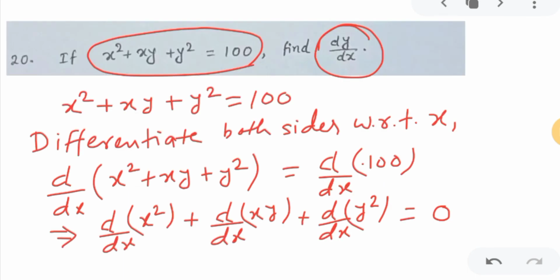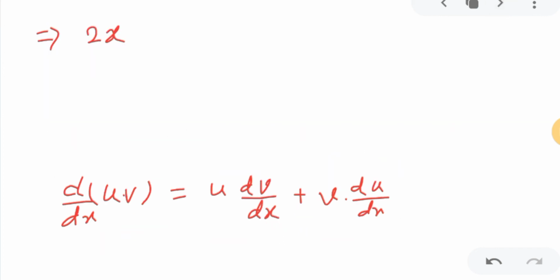So here two terms are there, x into y. I will treat x as u and y as v, correct? So plus, x as it is and the derivative of y with respect to x, and a second time y as it is and the derivative of x with respect to x, correct?